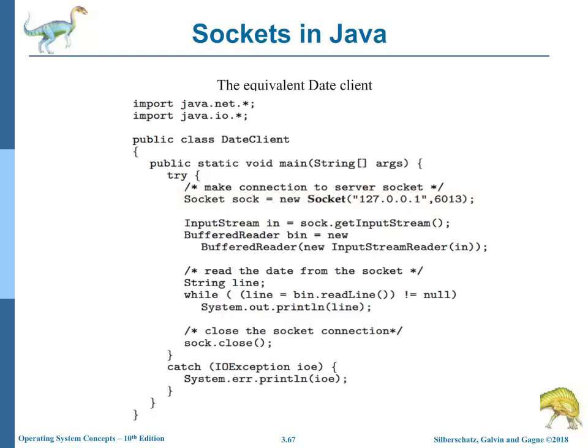Once the connection is made, the client can read from the socket using normal stream I/O statements. After it has received the date from the server, the client closes the socket and exits.